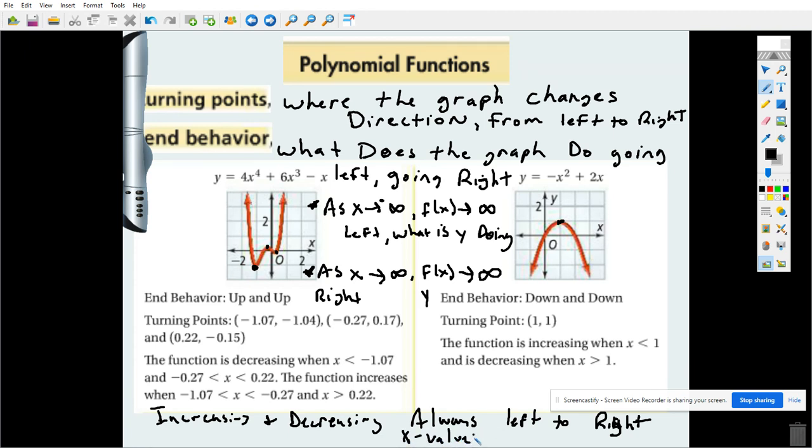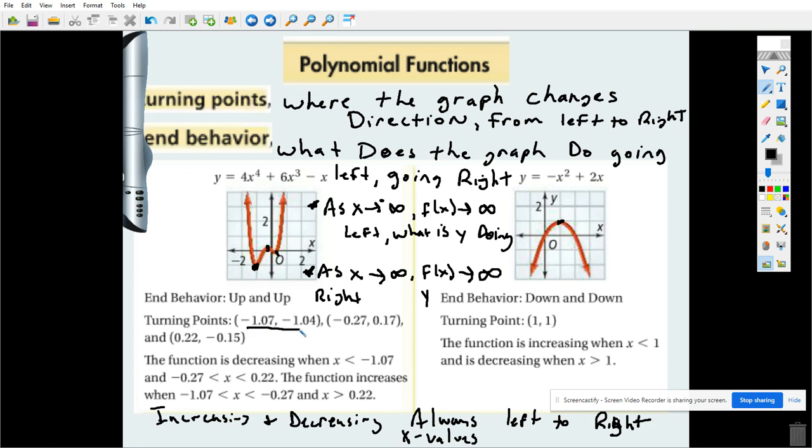Okay, so you're only going to write down x values, and we're going to use inequality notation for this. Okay, so if you look at this graph and I were able to graph this, we would find these turning points, which on Desmos, it's really simple to find. Okay, and that's what we would put down for the x values.